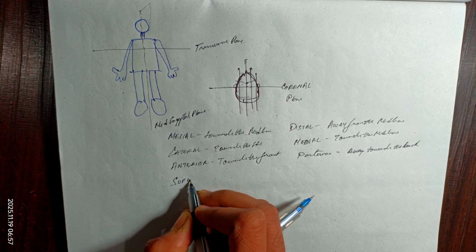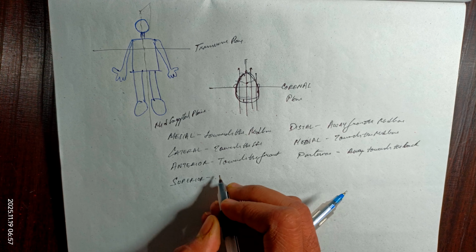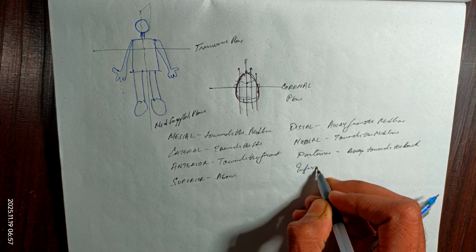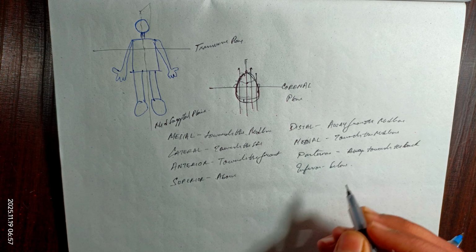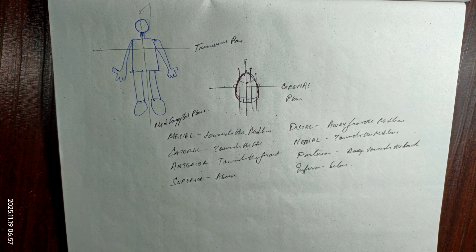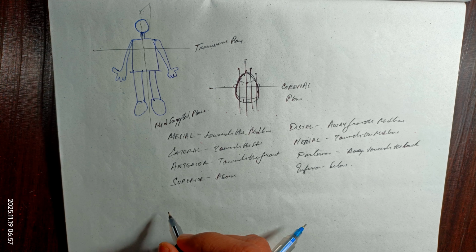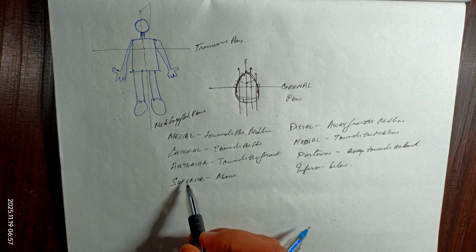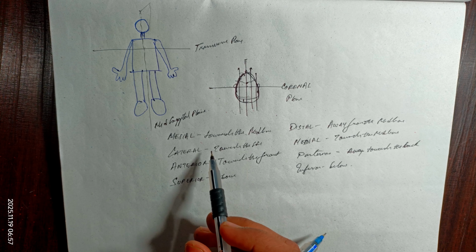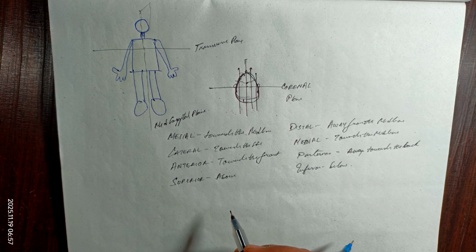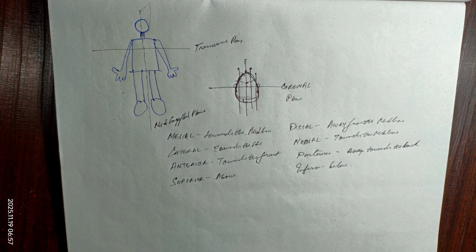Superior: above, inferior: below. What else is left? Anterior superior, medial lateral, mesial distal, and I think it's everything. Let me check.